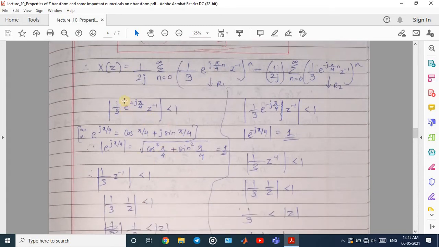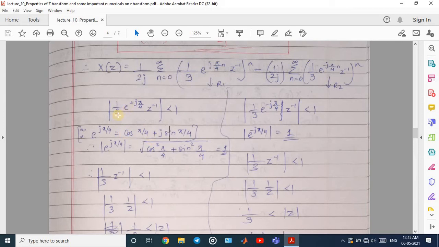We have to find out the value of this term. The value of e to the power j pi by 4 equals cos of pi by 4 plus j sine pi by 4. This is a predefined value.